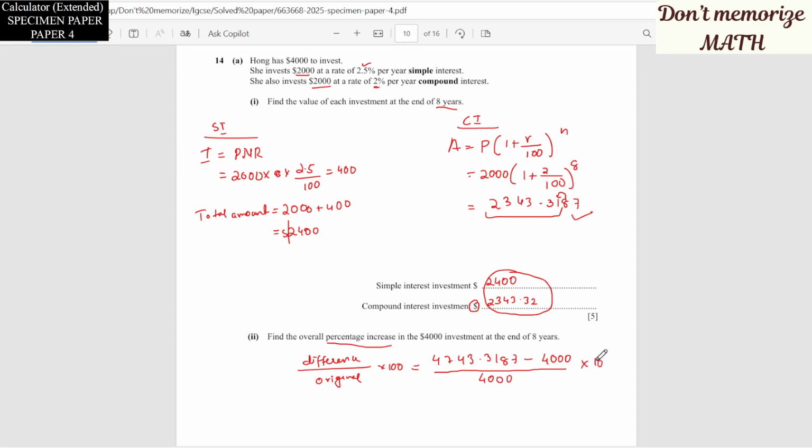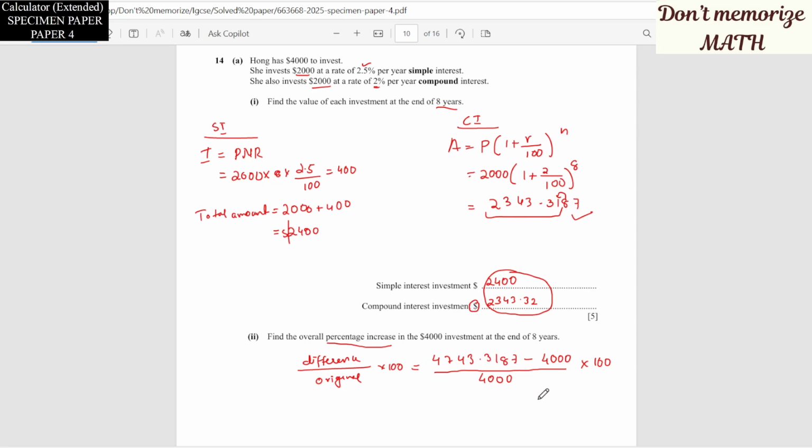Times 100. Here everywhere you can use the answer button. When you calculate this part, use the fraction button. This is already in the calculator as the answer, so just press answer instead of typing it. Minus 4,000 divided by 4,000 times 100.